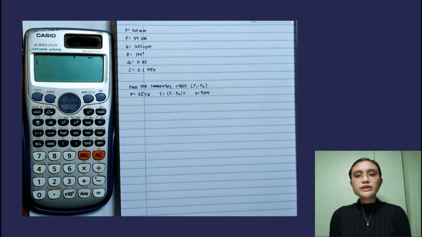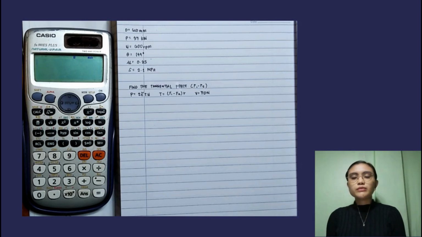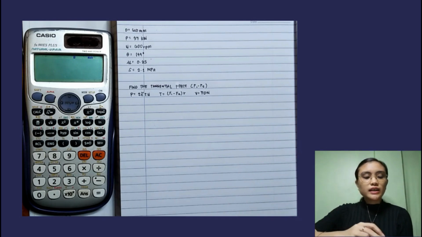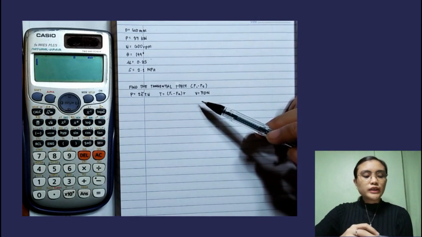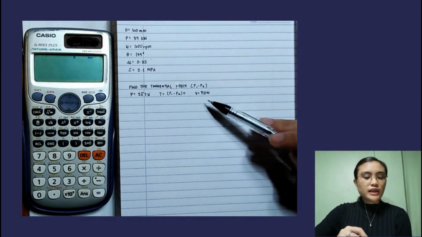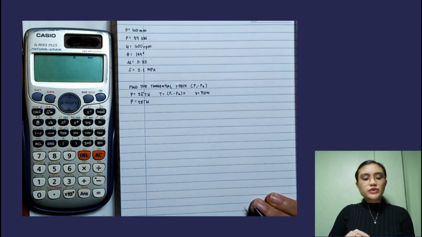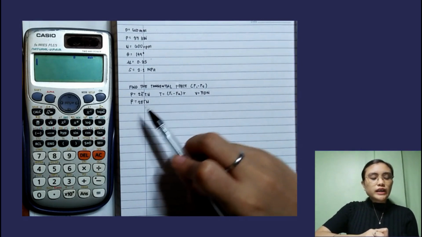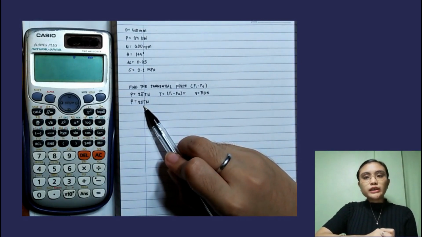So the first is we need to find the tangential force. The tangential force, if you could recall, is denoted as F1 minus F2 based on the formula on the previous slide. In order to find that, we would combine these three formulas for the power, the torque, and the velocity. The first thing we would do is substitute the torque in the formula of the power.